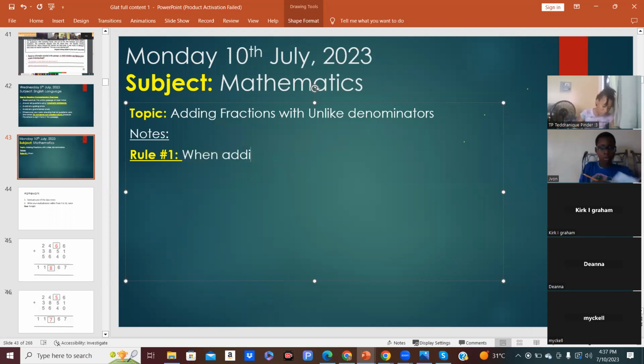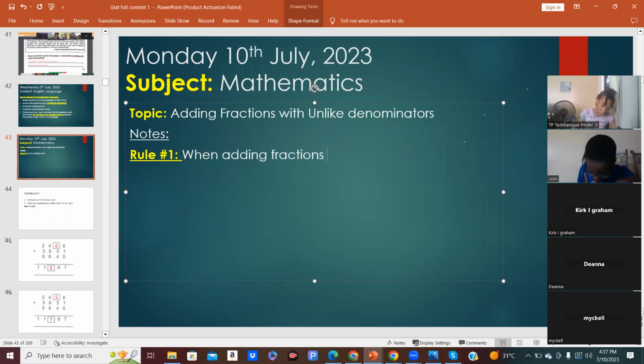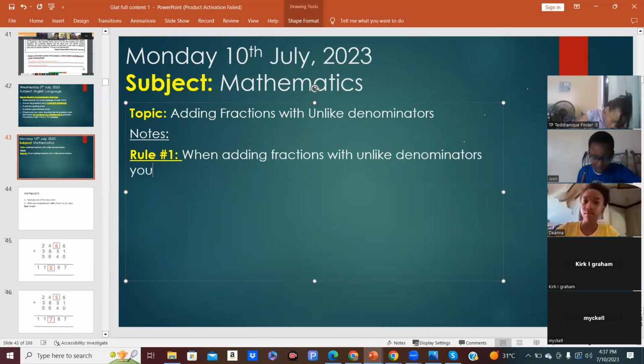When adding fractions with unlike denominators, what's the first thing that you must do? You must what? Go ahead, Diana.